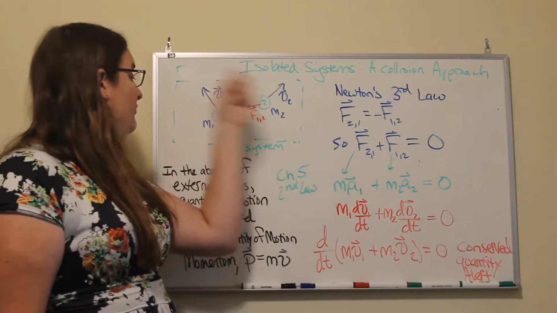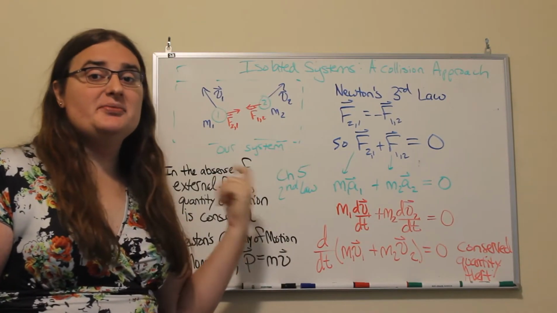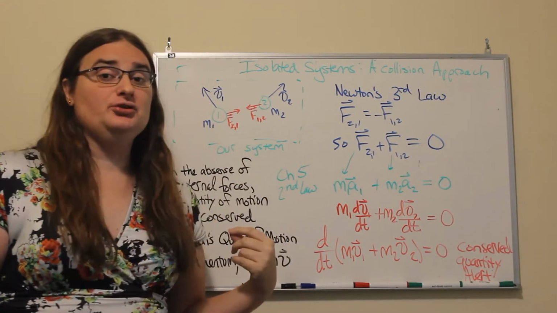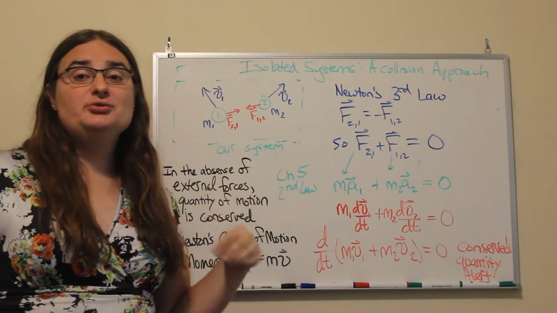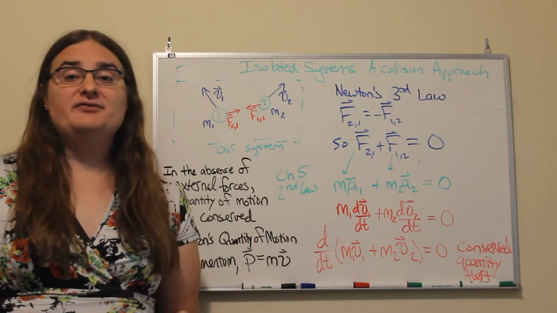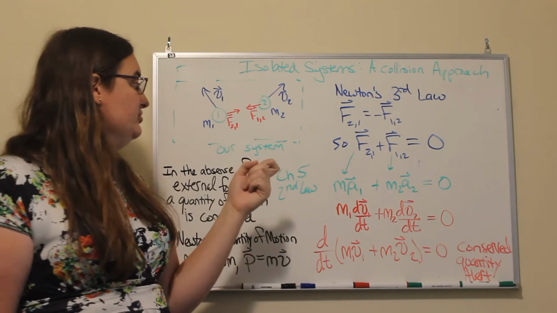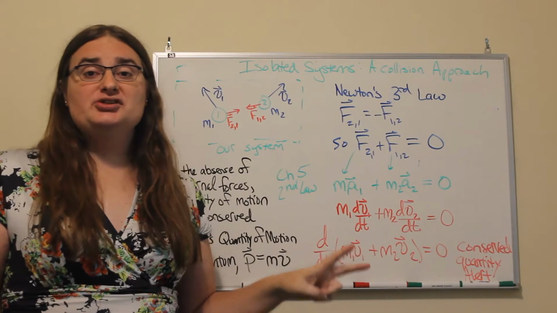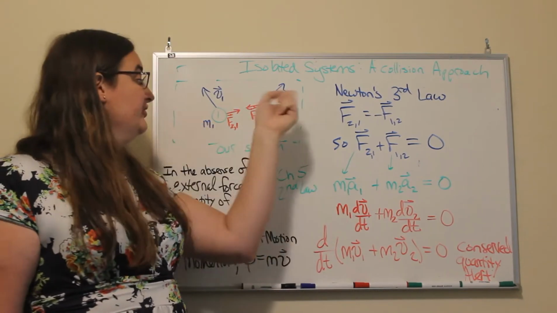So let's pretend that we have a universe, a system that just has two objects, Object 1 and Object 2. Object 1 and Object 2 can both have a mass. They could both have an independent velocity v1 and v2, but since our system only has two objects, we could only have one interaction.